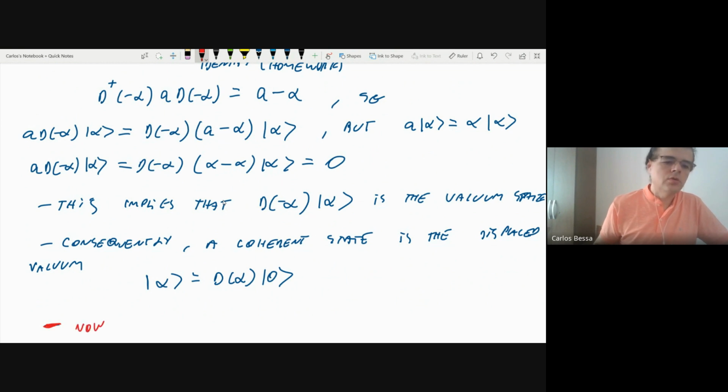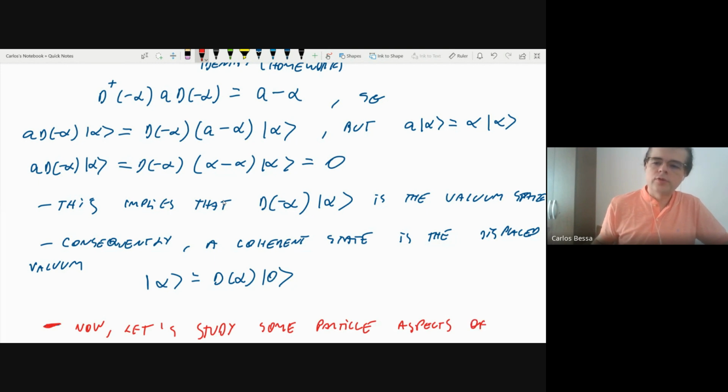Now let's study some particle aspects of the coherent state.